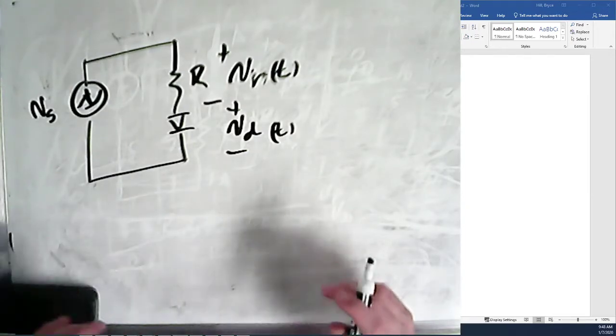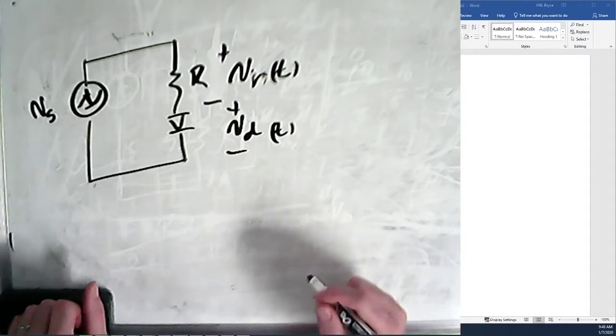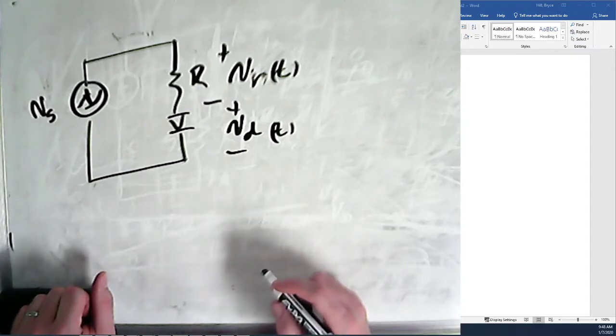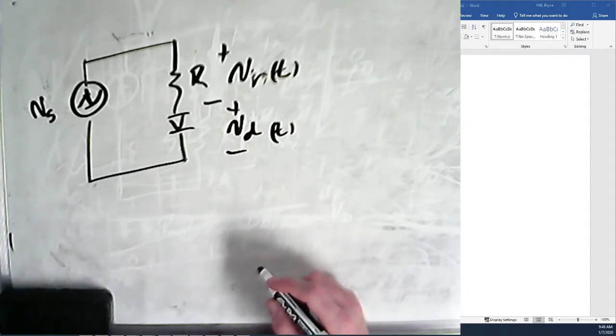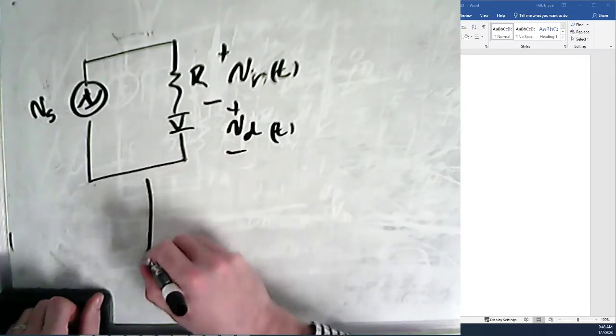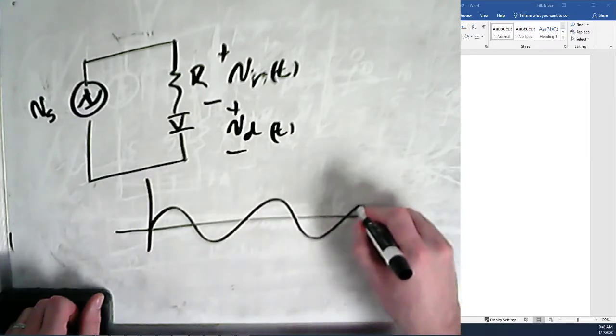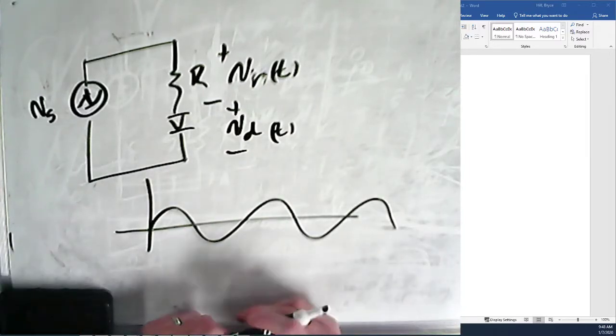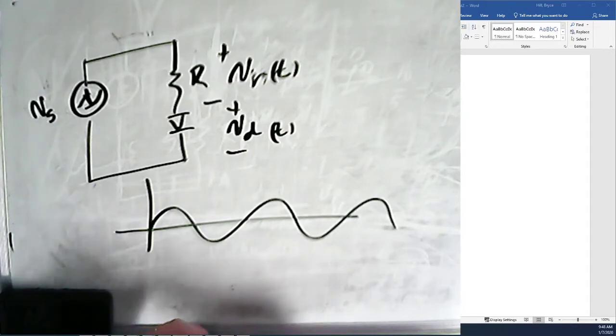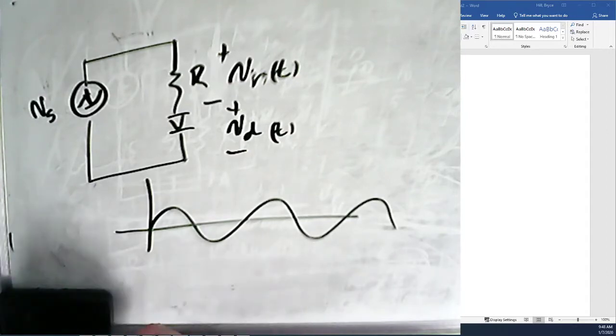The first is that basically we can understand if Vs is positive, so here's our Vs. When Vs is positive, that diode is going to be forward biased and it'll act like a short.